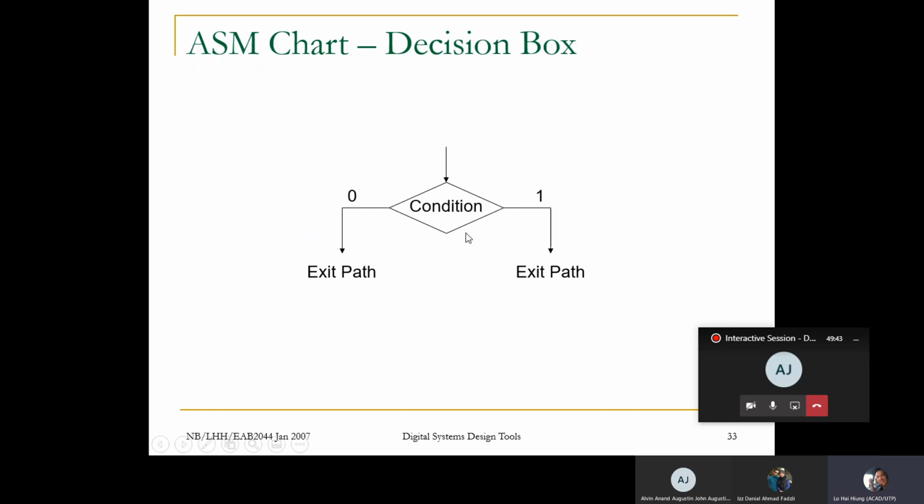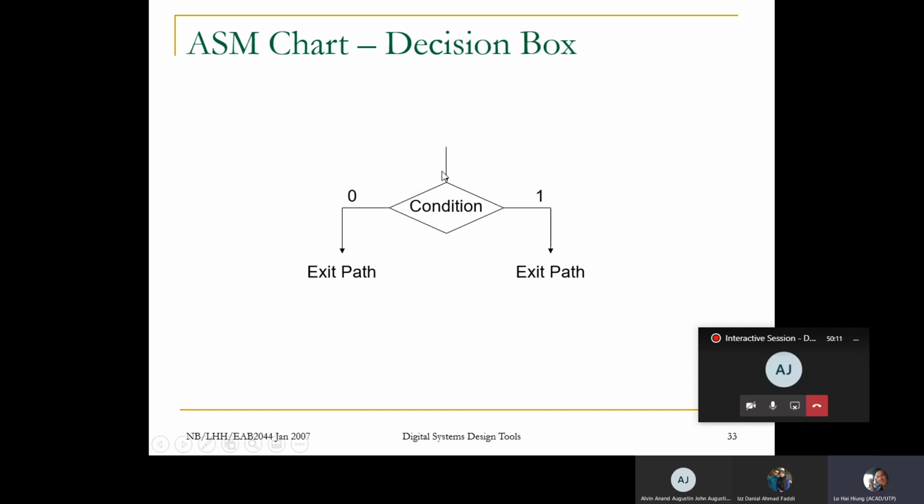The other is a diamond box, which we call the decision box. The decision box is where the conditional statements happen. We can do logical operations here. When we ask a question, if you see the statement, if, you are creating a decision box. So every decision box is translated to an if statement.